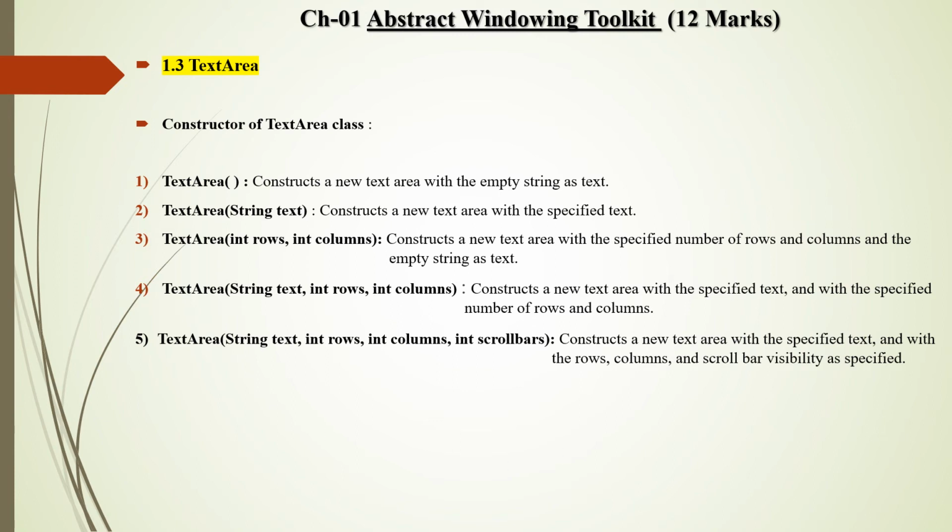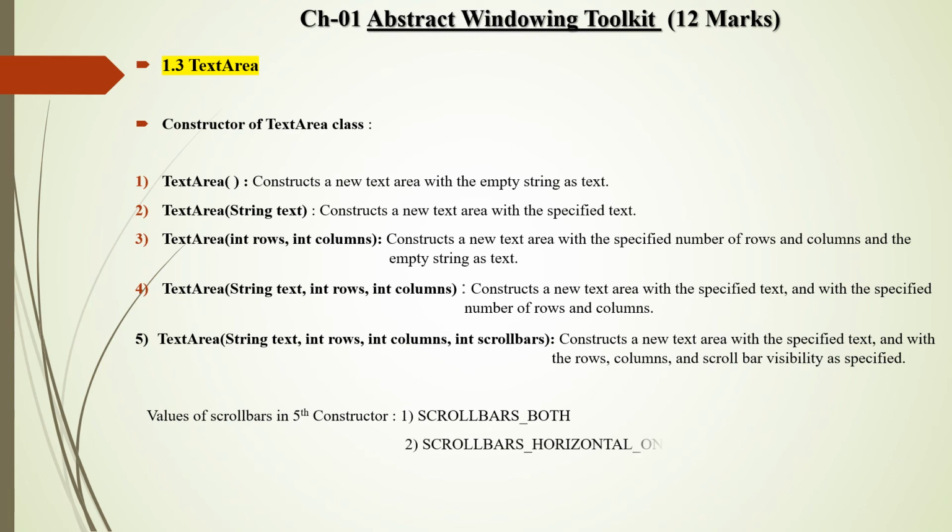So in the fourth constructor, the value of scrollbars is one of the following values. First value is SCROLLBARS_BOTH, which displays both scroll bars, horizontal and vertical. Second value, SCROLLBARS_HORIZONTAL_ONLY, only displays the horizontal scroll bar.